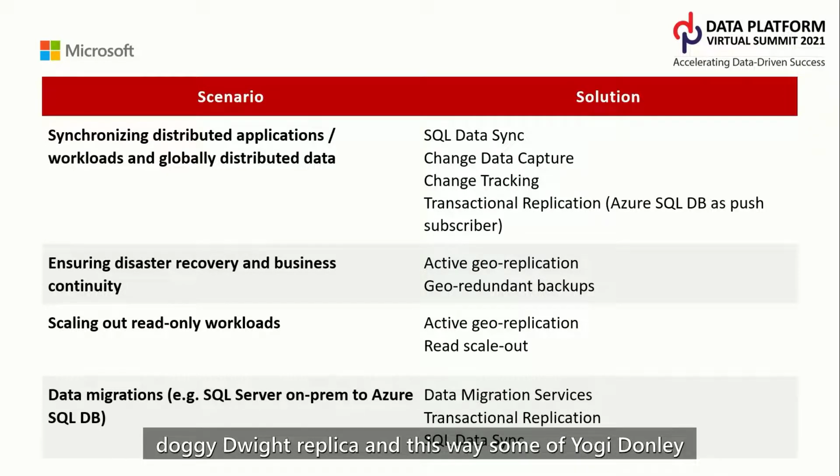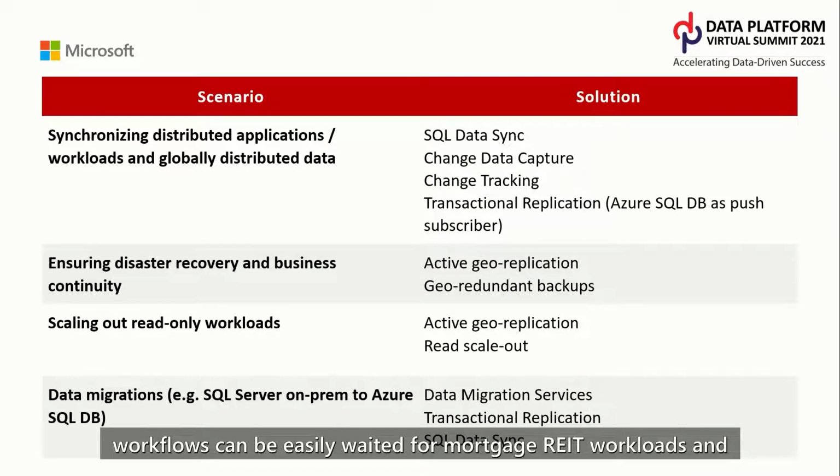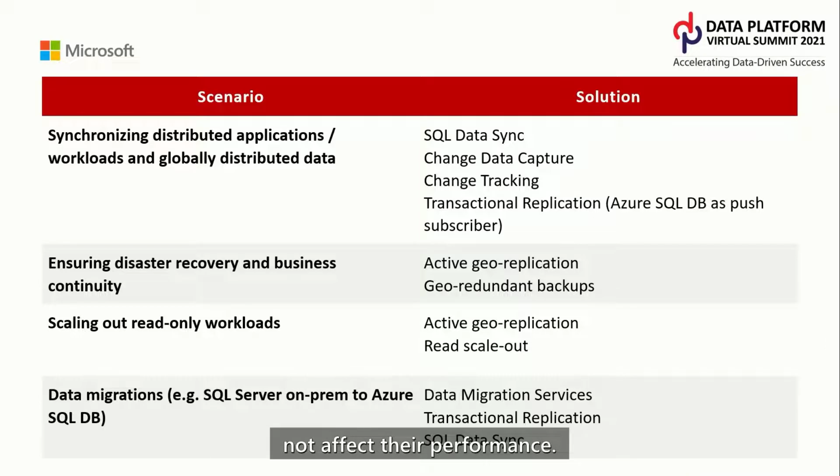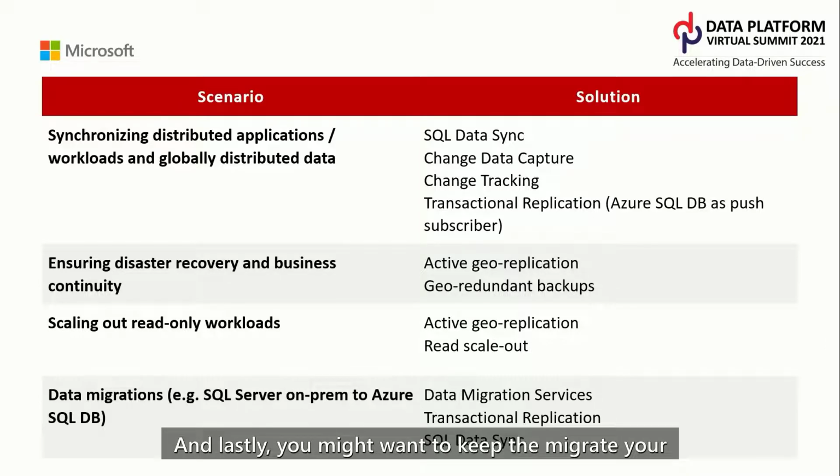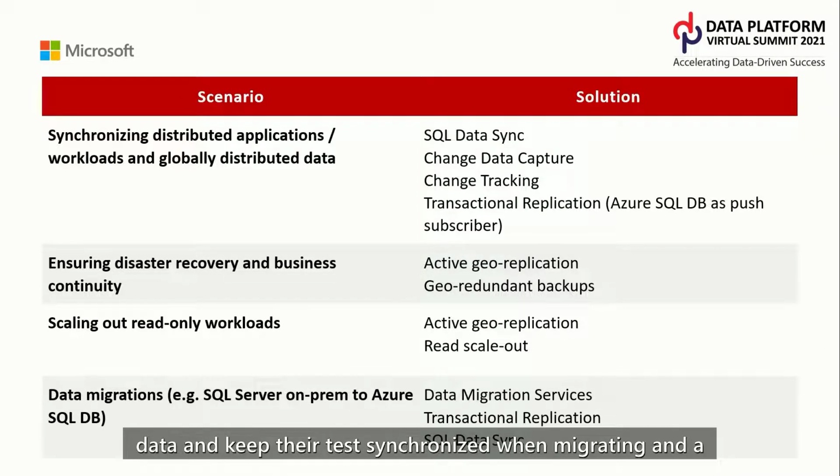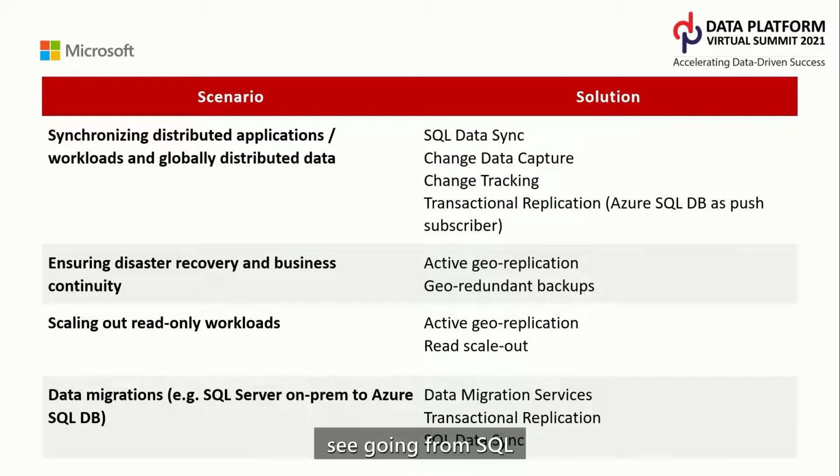This way, some of your read-only workloads can be isolated from read-write workloads and not affect their performance. And lastly, you might want to migrate your data and keep data synchronized when migrating. A very common scenario for data migrations is many clients we see going from SQL Server on-prem to Azure SQL databases in the cloud.